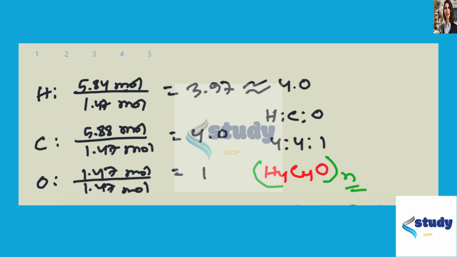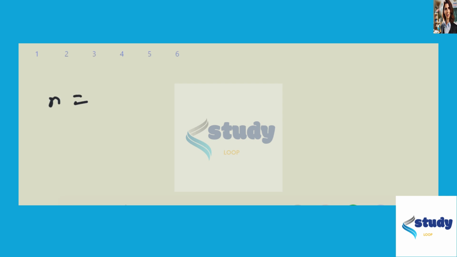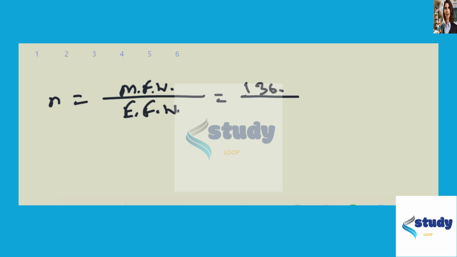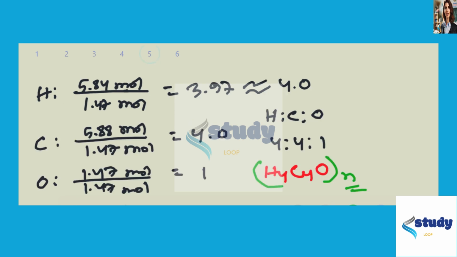Now we have to find out the value of n, and the value of n is equal to the molecular formula weight of the acid over its empirical formula weight. So the molecular formula weight is equivalent to the molar mass, which we have already calculated as 136.87 gram per mole. Now we have to find out the empirical formula weight, which you can find out from the empirical formula by adding up the atomic molar mass of each atom present here.